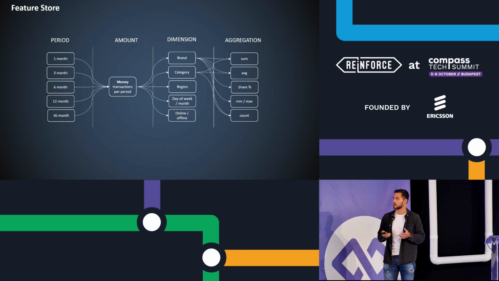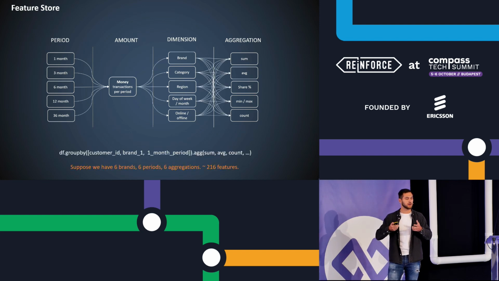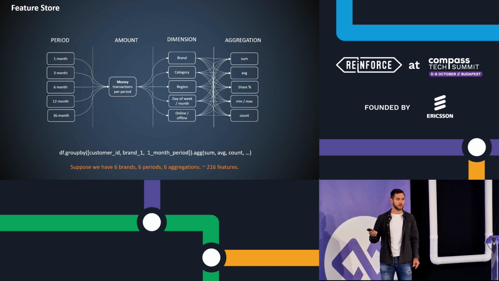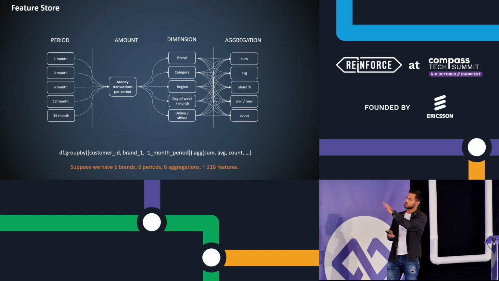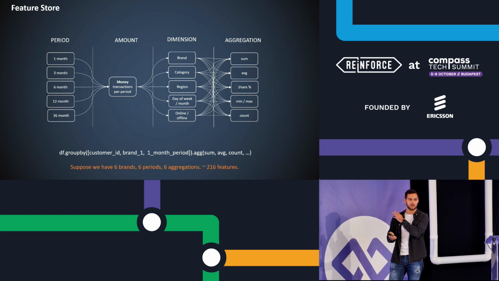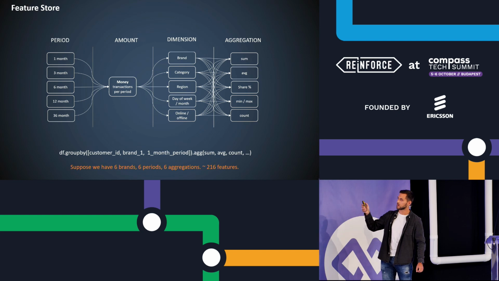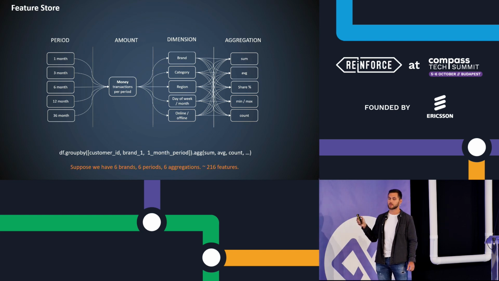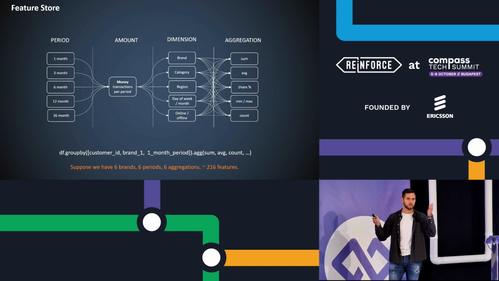A feature store could also be completed by our favorite df.groupby or df.pivot_table. And picture this, we have four, let's say, dimensions: period, amount, dimension, and aggregation. By doing such aggregations, let's say we take a 3 month window, we take how much money the person spent in this 3 month window.